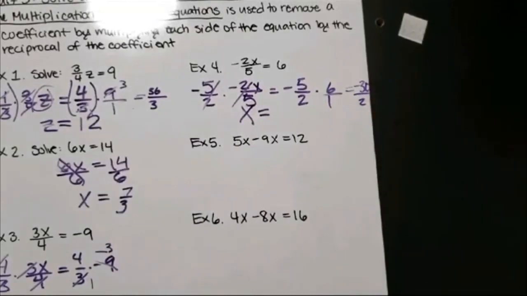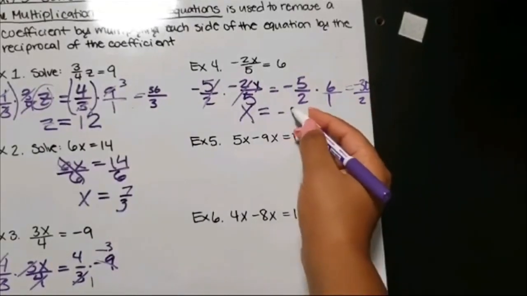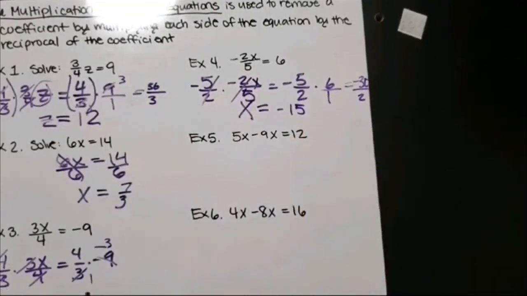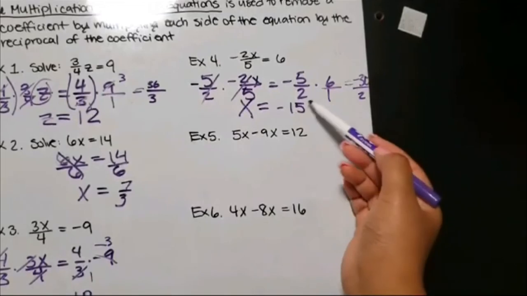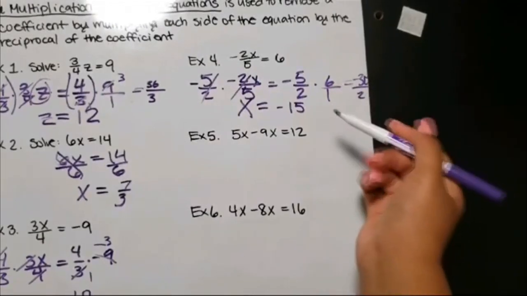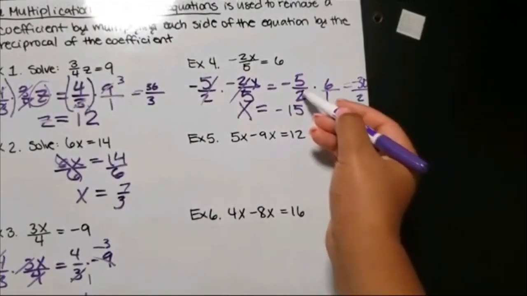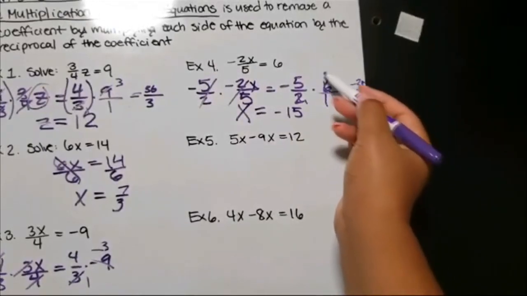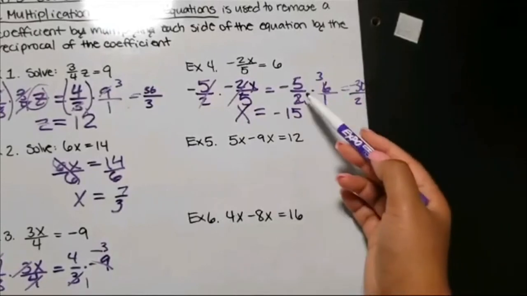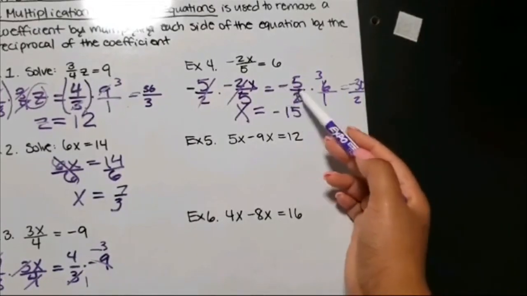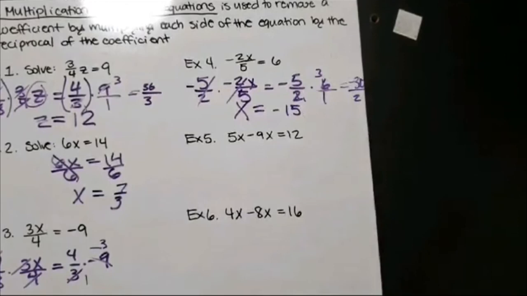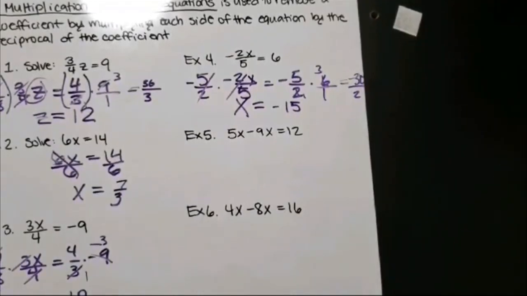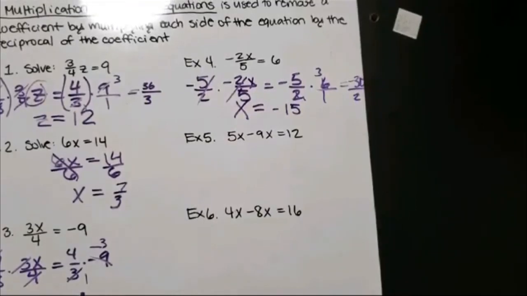So -30 divided by 2 is -15. Or if you decide to cancel some things out, we can look at the 2 and the 6. 2 can go into 2 once. 2 can go into 6 3 times. So we'll be left with -5 times 3, which is still -15. All right. So let's look at example 5.